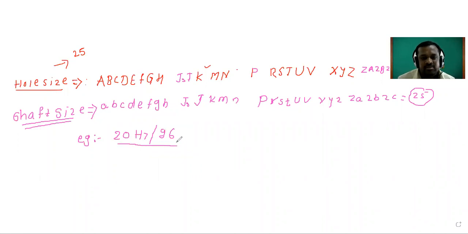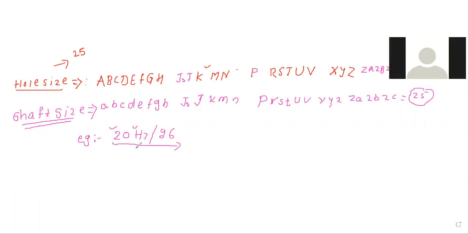They have told us to identify the fit. What is the 20? Basic size. It is the deviation for the hole, the IT grade for the hole. Then it is the shaft deviation, the IT grade for the shaft. In this technique, please remember, the basic size 20 is not required, and the grade is also not required.